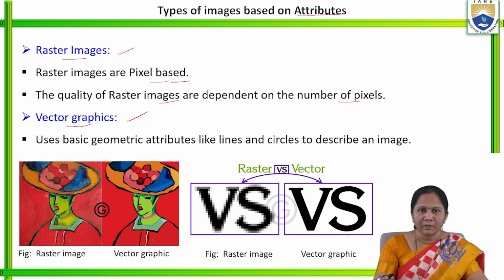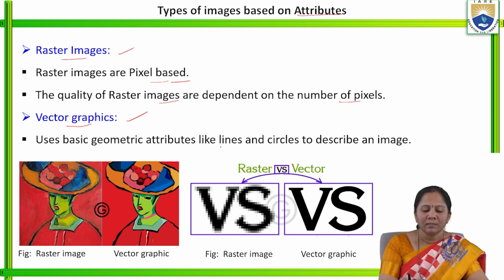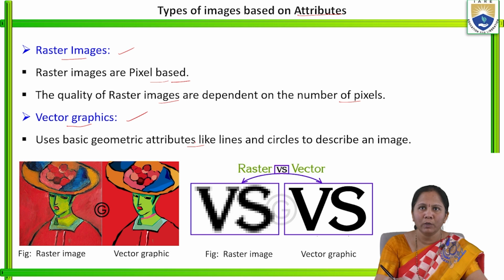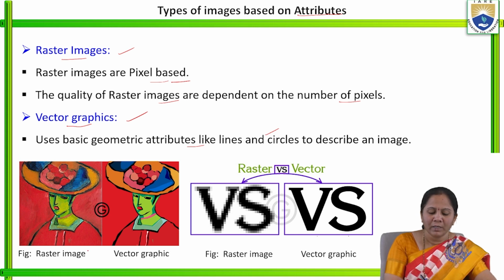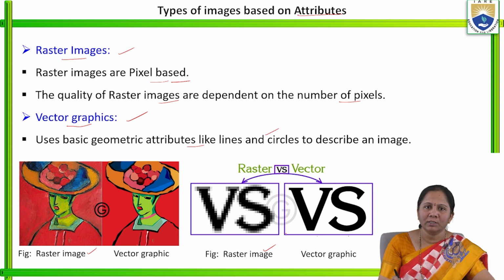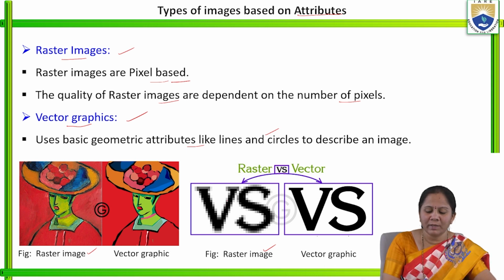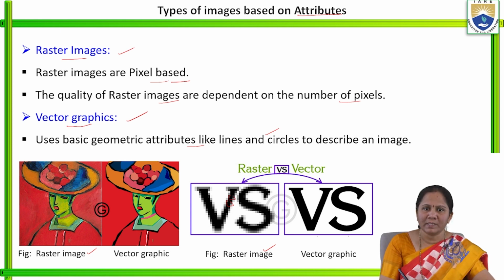Coming to vector graphics, they use basic geometric attributes. They use lines and circles in order to describe an image. For example, two images are given here for reference. These are examples of raster images, and in them we can clearly see the pixel representation.